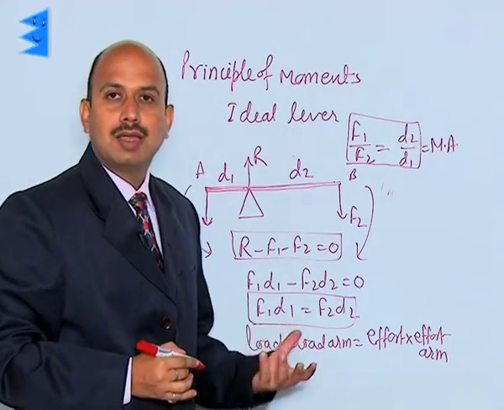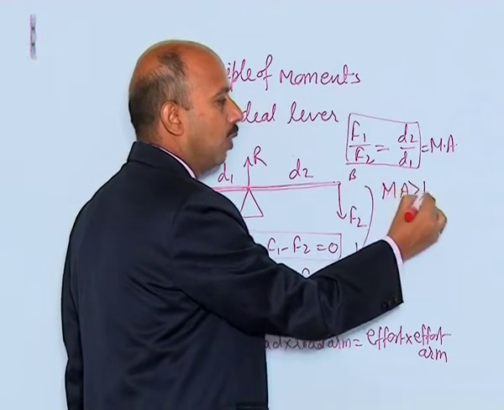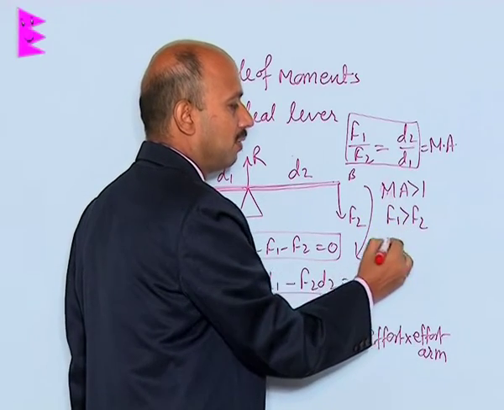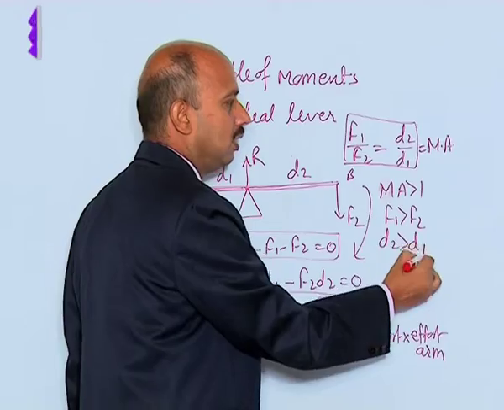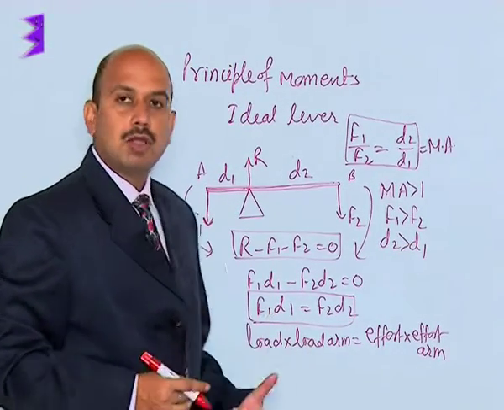So if mechanical advantage is greater than 1, that means F1 is greater than F2 or D2 is greater than D1. So this is basically the principle of moments.